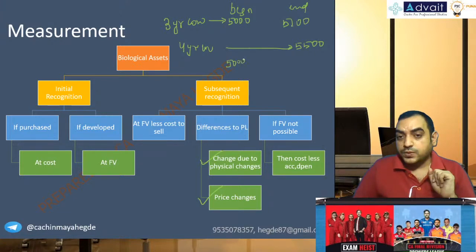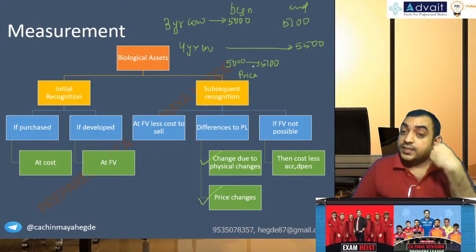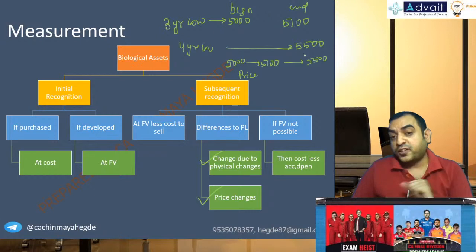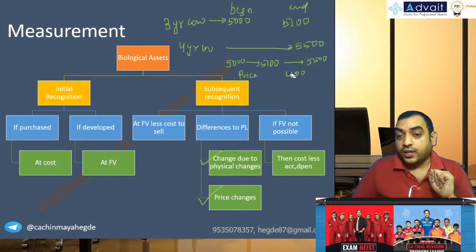So 5,000 to 5,100 is called price change. Even if nothing happened, the value would have increased from 5,000 to 5,100. The remaining 400, from 5,100 to 5,500, is called the volume change, or physical change.